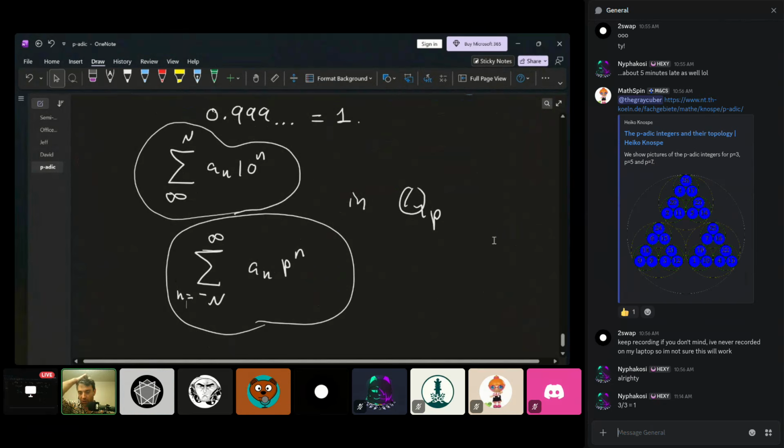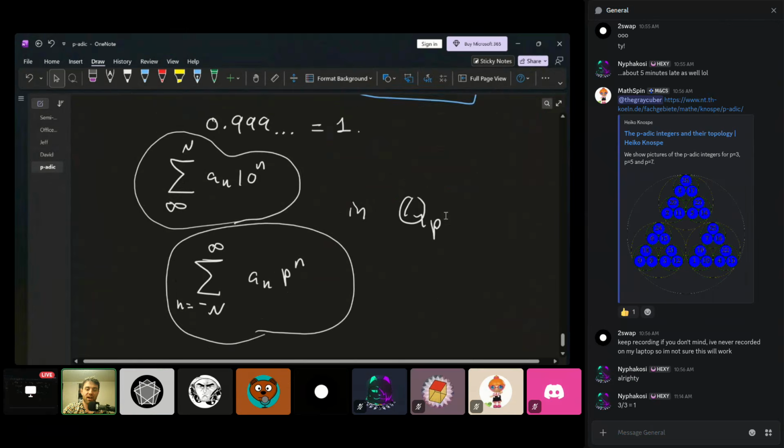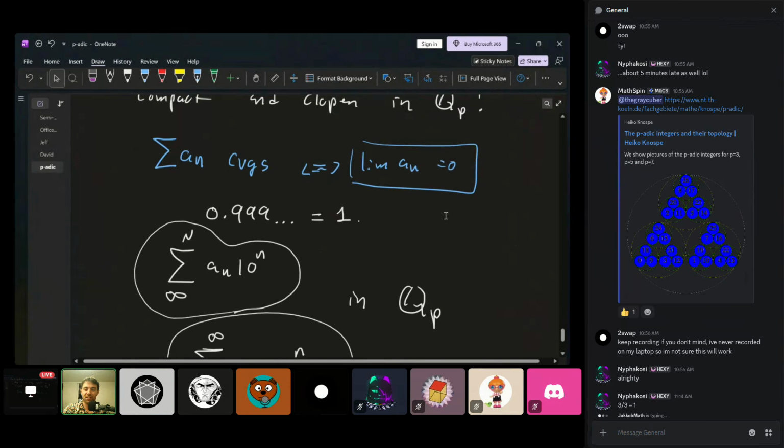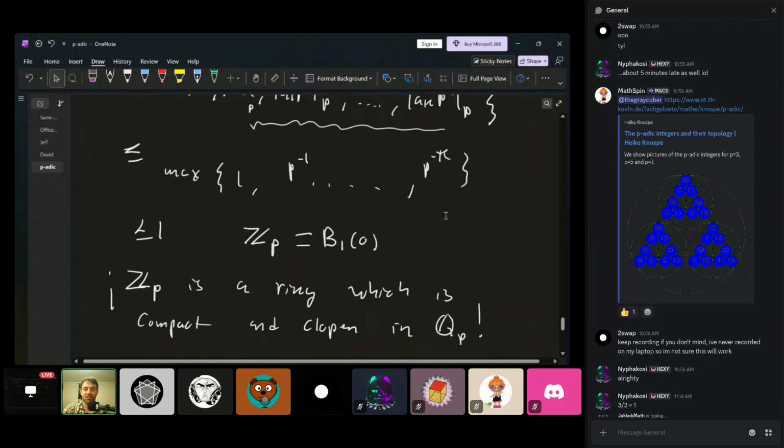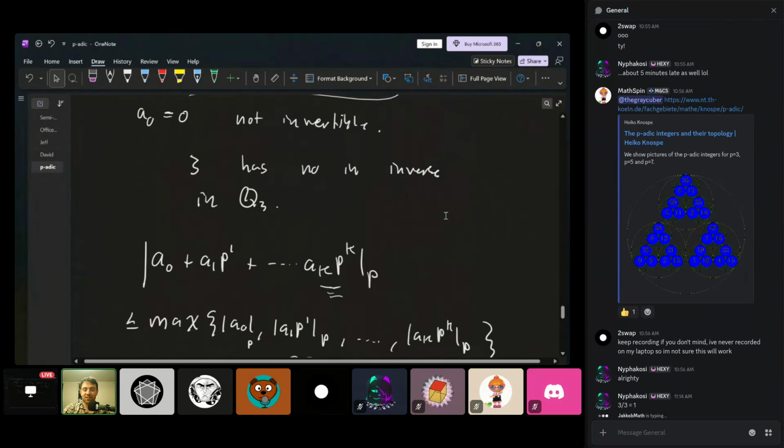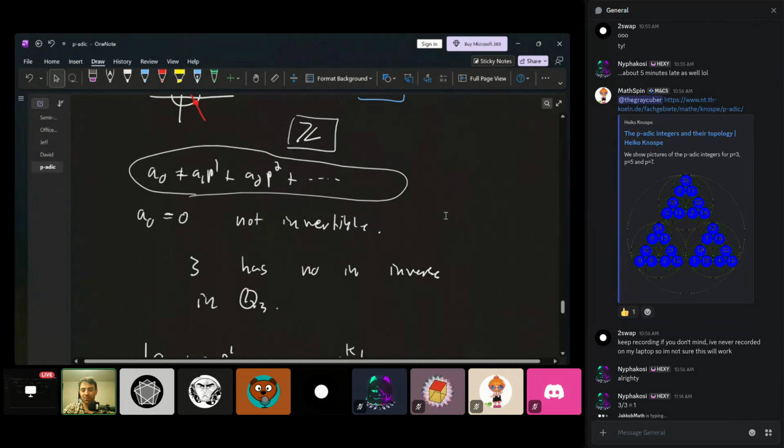So how are people feeling? I could yap about, maybe it's already been too long to try and break into representations of GL_n(Q_p), but we could talk about that or the adeles. Maybe this is a point to wrap up.